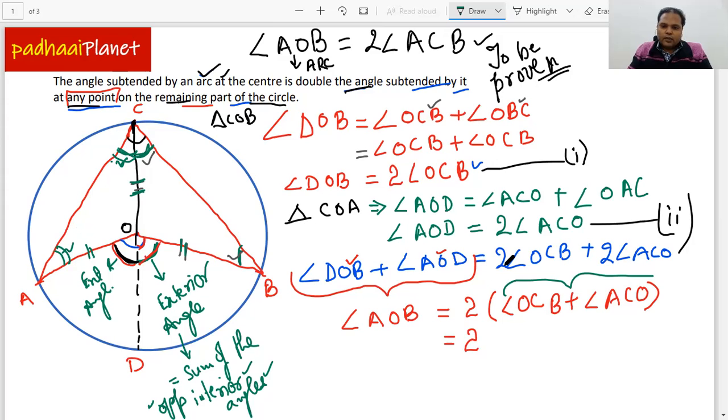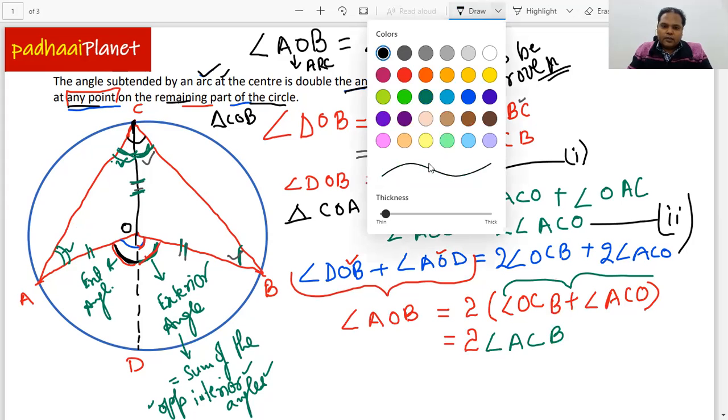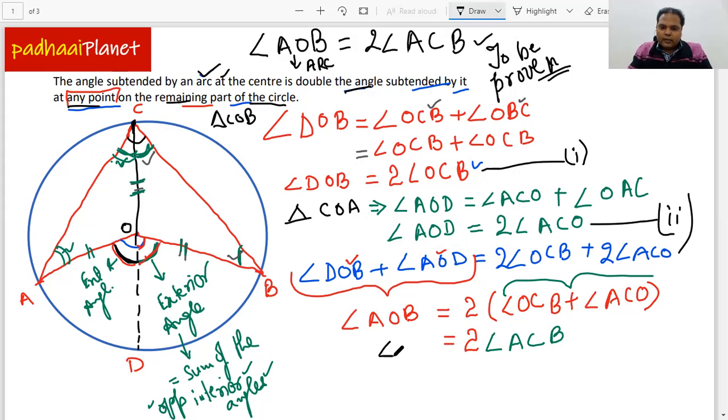So we can simply add them, and we can then write angle ACB. So this is how we have established our relationship that angle AOB is equal to the double of angle ACB, right?